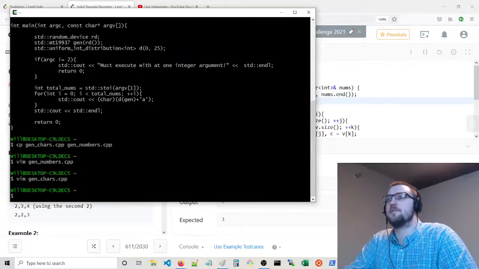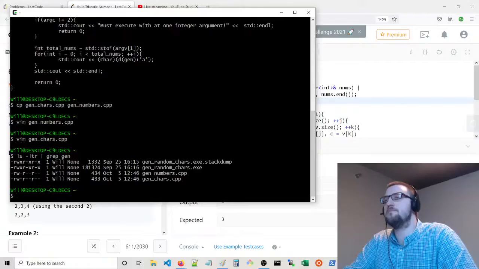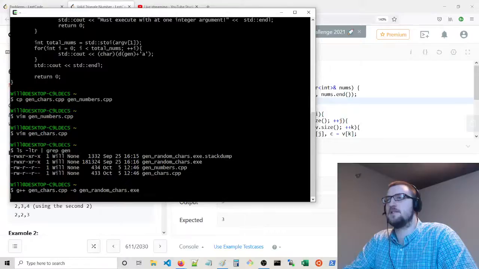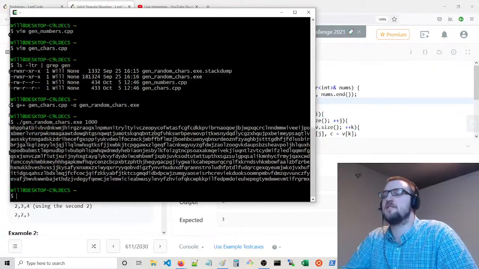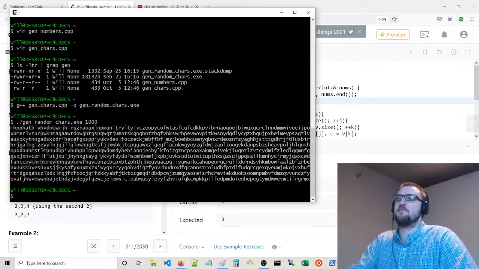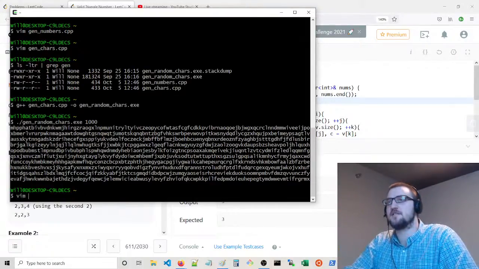I'm going to recompile that one, by the way. We're going to say g++ gen characters, output to gen random characters executable. Okay. I just noticed that the help text isn't quite what I want. So gen numbers is similar.